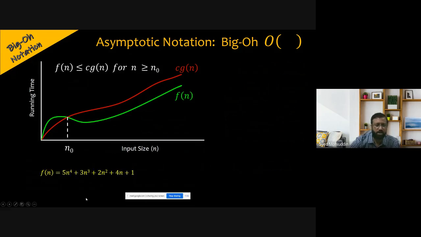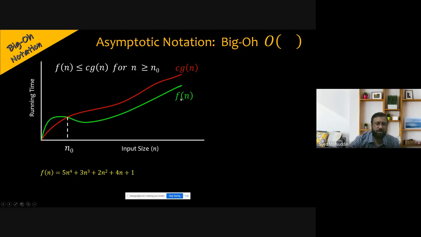Now let us take another function f of n. We are talking about big O itself. Let f of n be 5n power 4 plus 3n cube plus 2n square plus 4n plus 1. Directly looking at this, what is the highest degree here? It is n power 4.